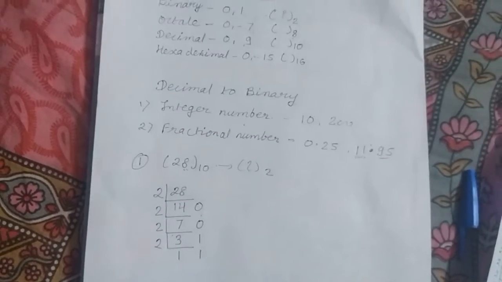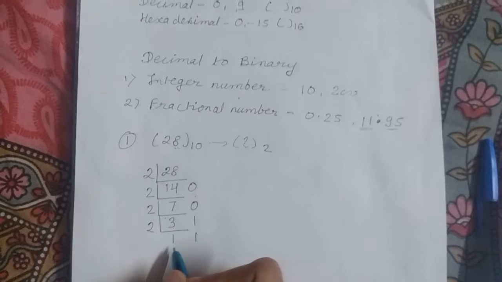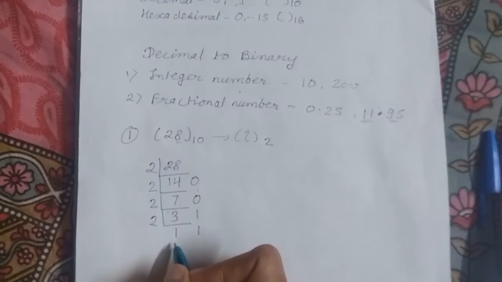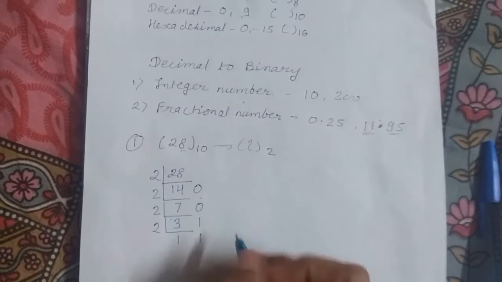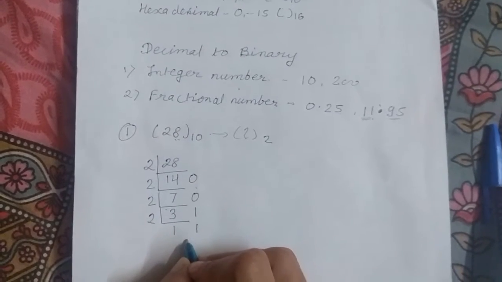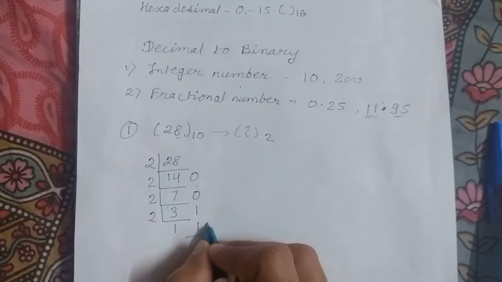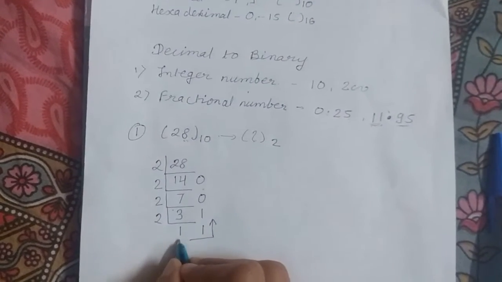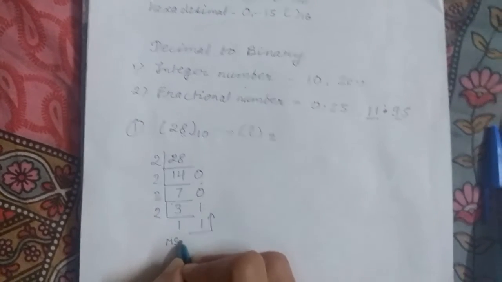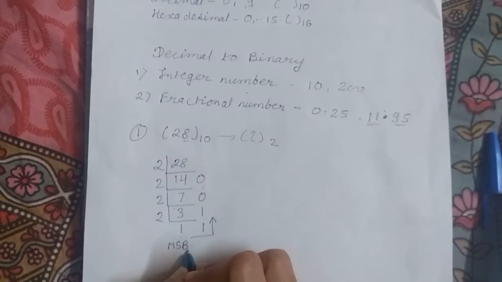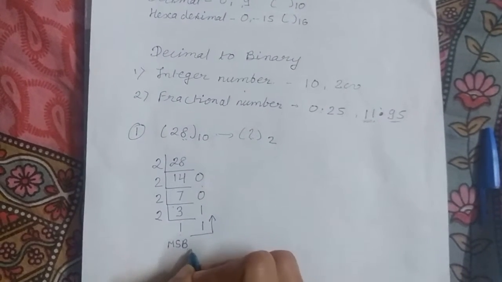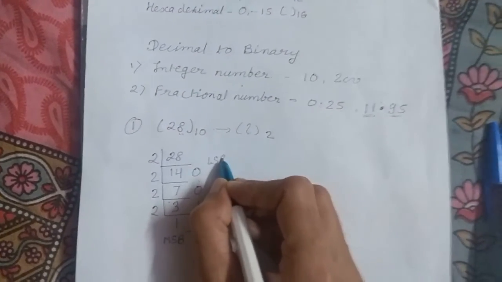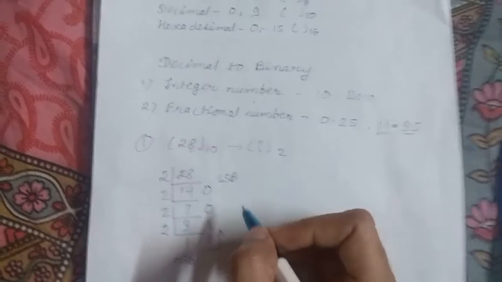Whenever the quotient is smaller than the divisor, there is no need to divide further. Now how do we represent it in binary? We read from the lowest value to the highest value. The last value at the bottom is the MSB, the most significant bit, and the top value is the LSB, the least significant bit.